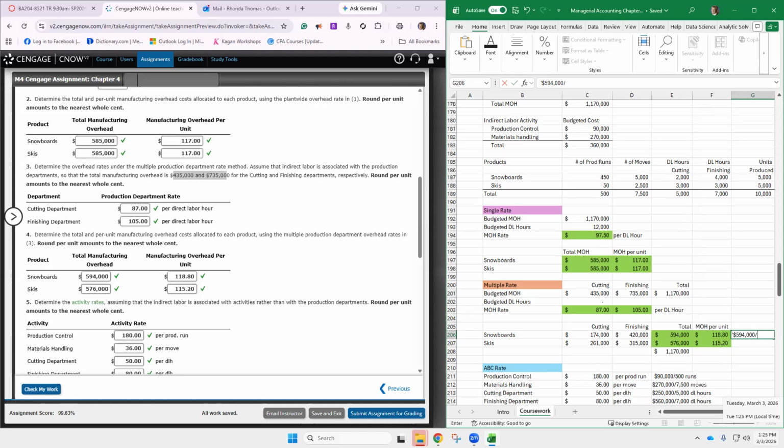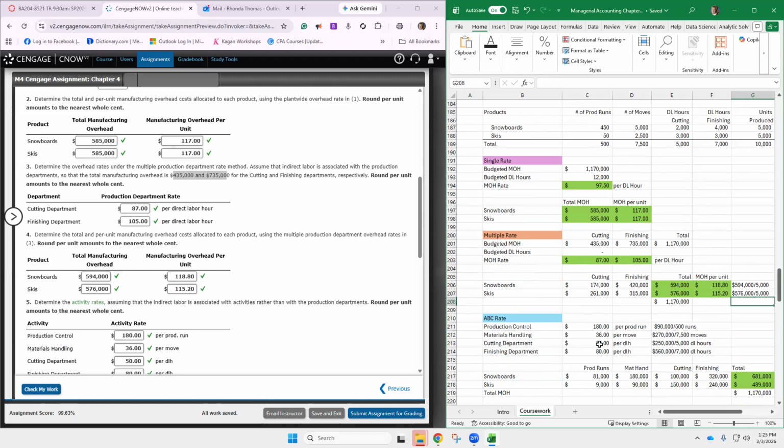That's how I got the 118.80. Sometimes you can get lost with how you come up with the number, so I want to be sure you understand it. And once again, we divide by the number of units because we are producing the same number of snowboards as skis. That's interesting.